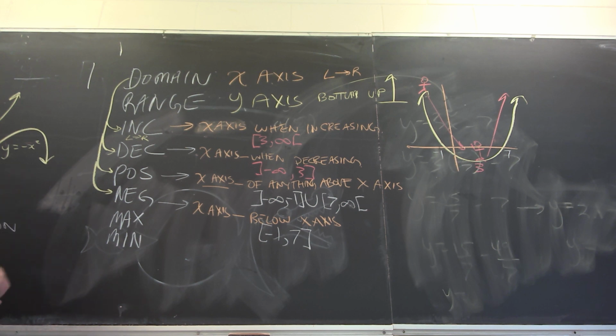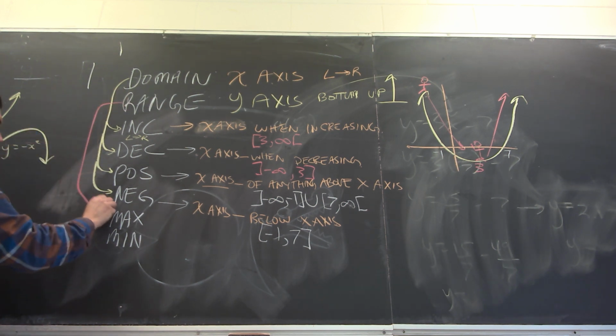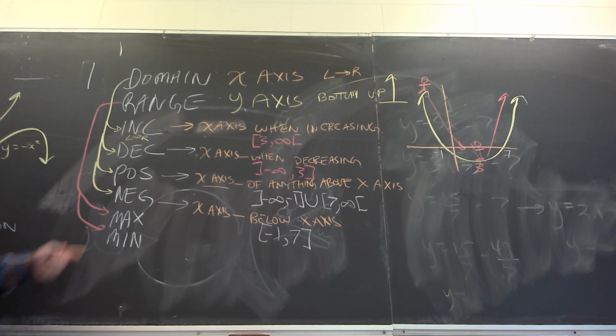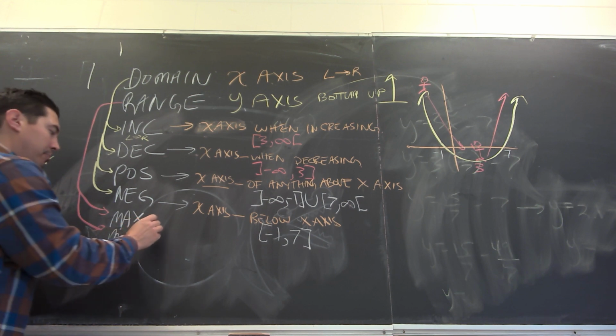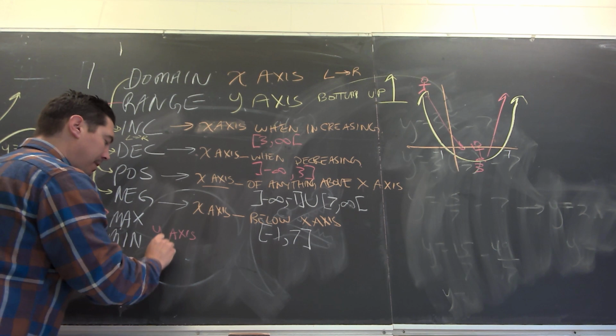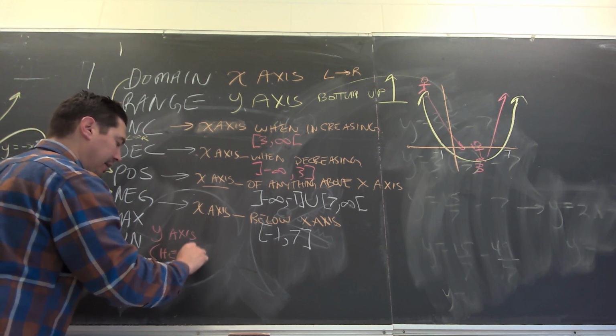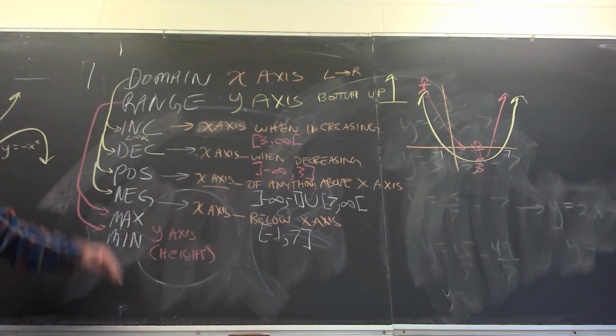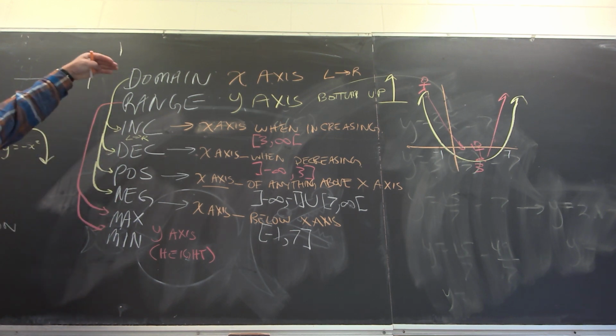Now, last but not least, these are rare, but they will also say it. Maximum, minimum. It's the max and the minimum in the function. But both of these relate to the y-axis. So basically think about the height. If you're looking at it bottom up, the max would be how high it goes, the min would be how low it goes.